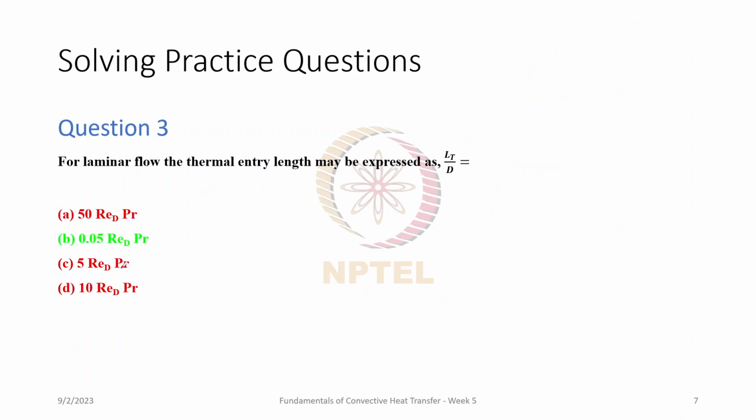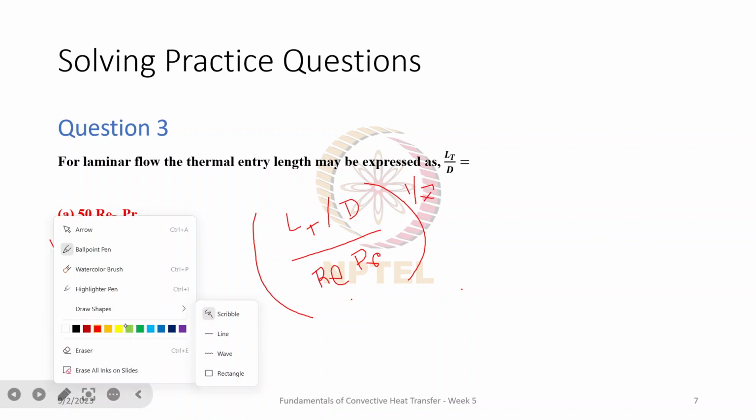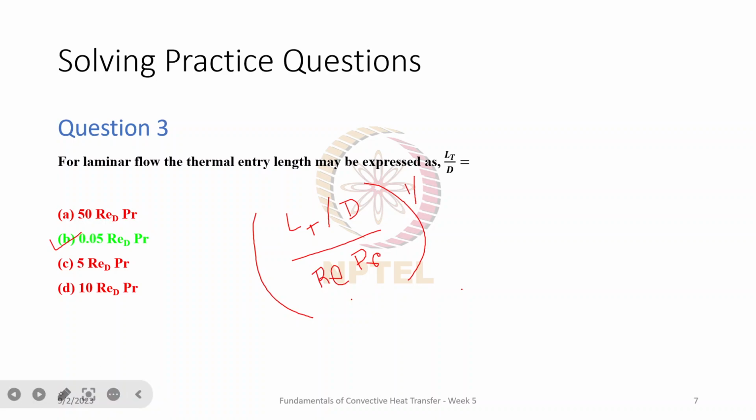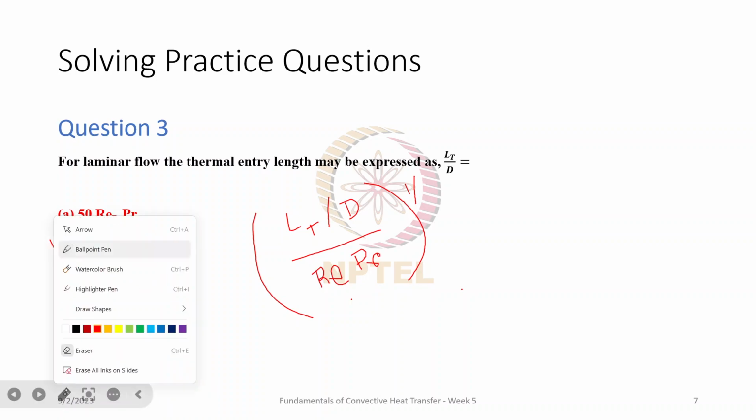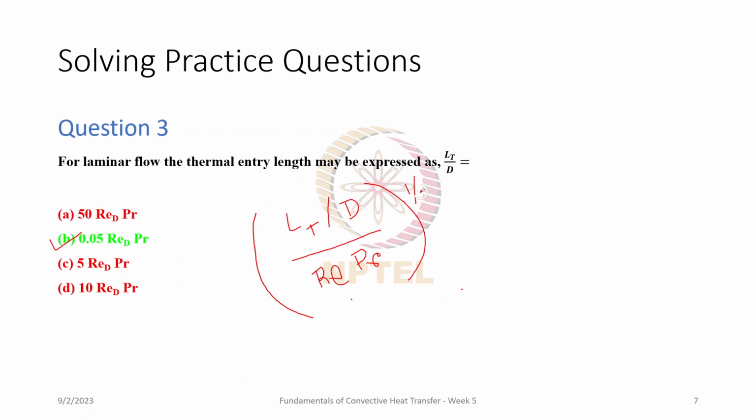Okay, so we have two responses in favor of option B, and it is indeed the correct answer, option B. From scaling analysis, we saw that LT by D divided by Reynolds number into Prandtl number, this thing to the power half, is proportional to 1 or unity.